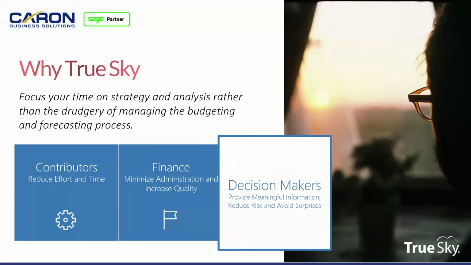And finally, when it comes to decision makers, instead of just giving them a spreadsheet full of numbers, we're actually going to help facilitate them making really good quality business decisions. We're going to provide them meaningful information that at the end of the day is going to help reduce your risk and avoid surprises. So those are the 3 different user groups within your organization that TrueSky is going to be able to positively impact upon.